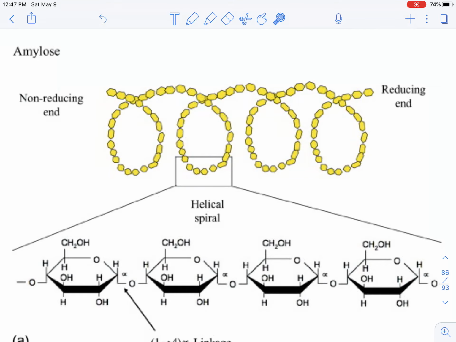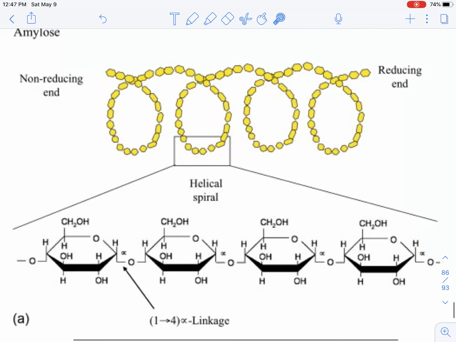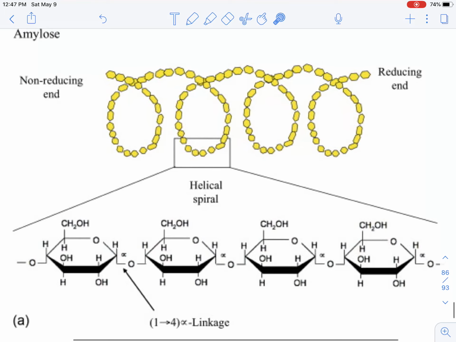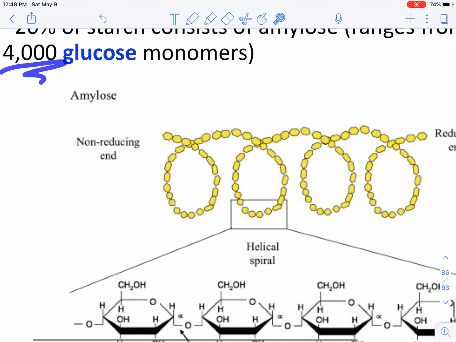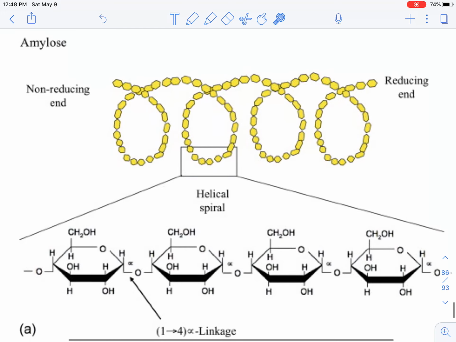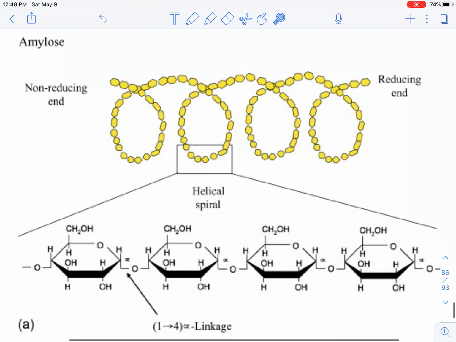And so overall, amylose is linear. It's taking on a helical shape to increase its compactness. Remember this, there's about 4,000 plus glucose monomers, right? So we want to make sure that it can fit inside of a cell.